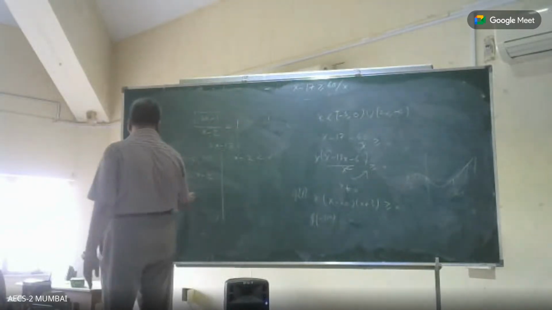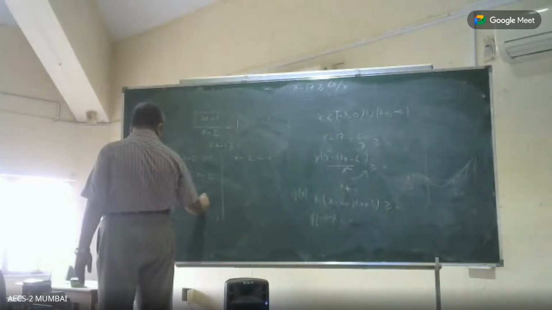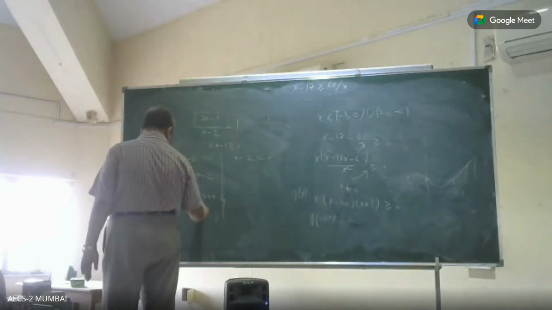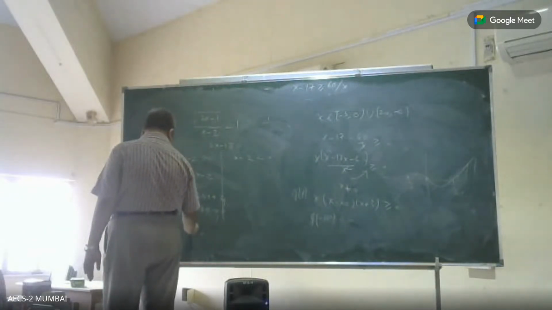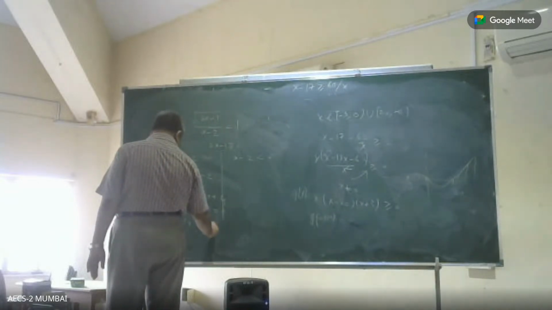If you do this, what interval will you get? 2x minus 1, x squared minus 4x plus 2, x squared minus 6x plus 4, 5. So you get x minus 1 and x minus 5.